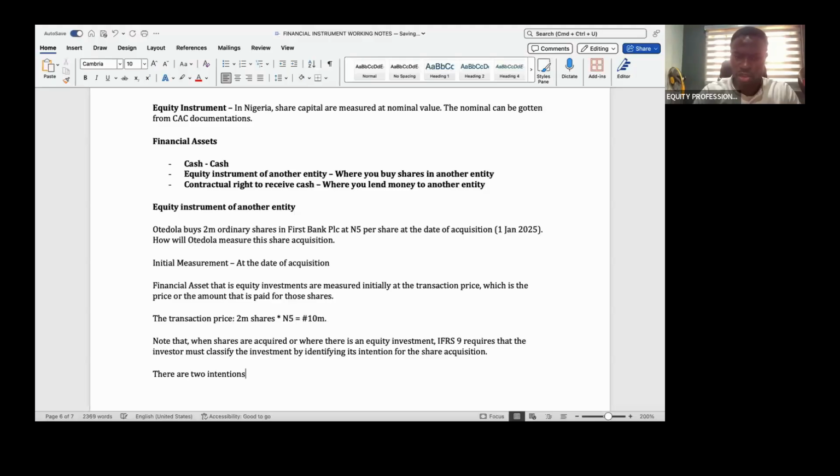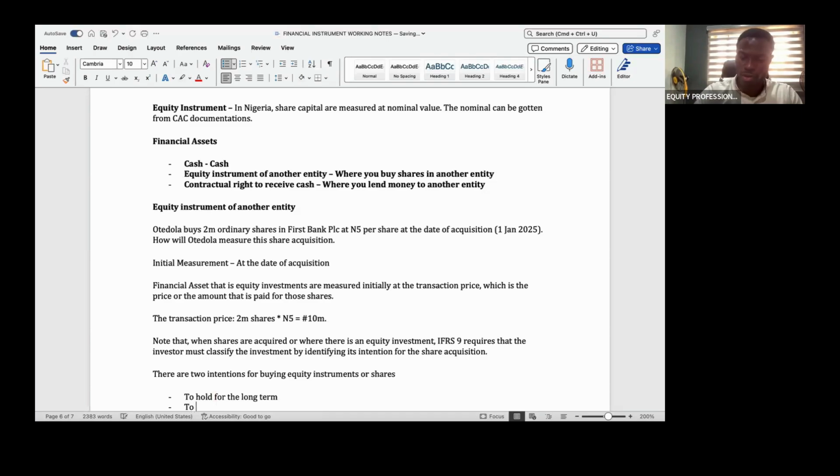So, you see, there are two intentions for buying equity instruments or for buying shares. Number one, to hold it for the long term, like in the case of Otedola here.